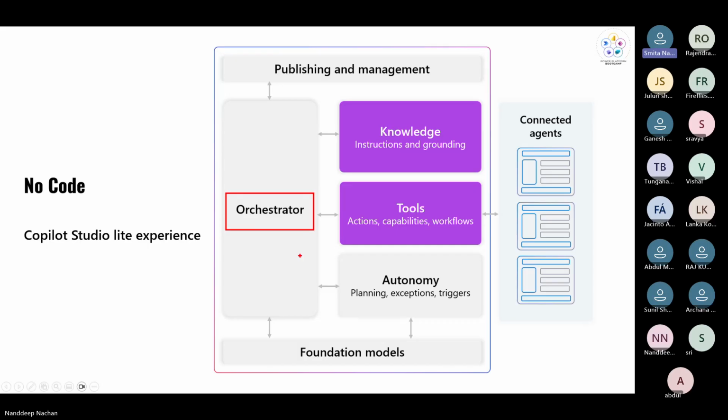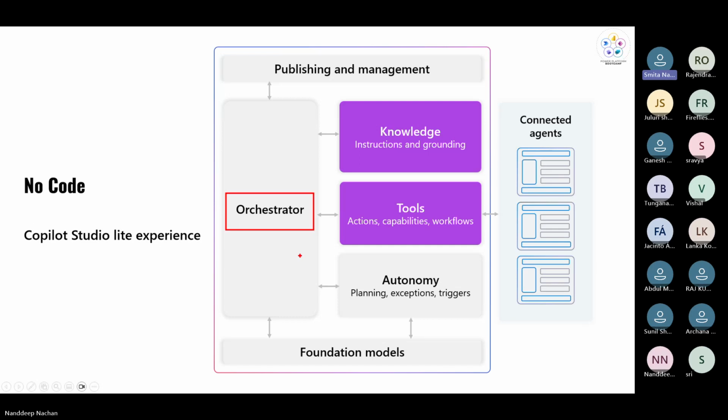You don't configure or write any orchestration logic, it just works. Below that are the foundation models, again fully managed by Microsoft. These are the large language models that power the understanding, reasoning, and response generation. As a user, you don't choose the models or tune the parameters. The platform takes care of that.